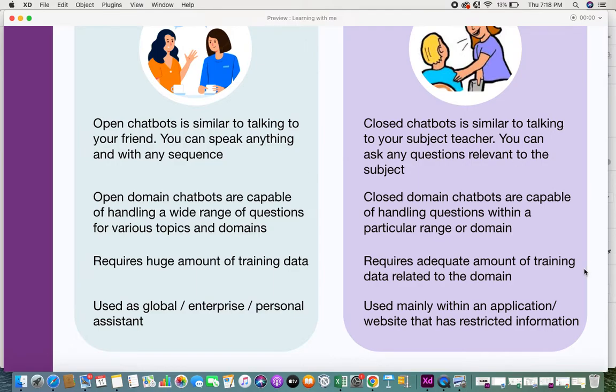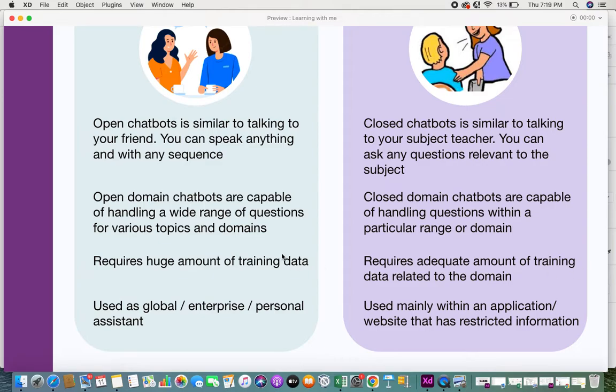For closed domain chatbots you may still need a huge amount of data, depending on how small or how large your domain is. Accordingly you need to provide the training data. Only then would the bot be able to get trained and answer customer queries.